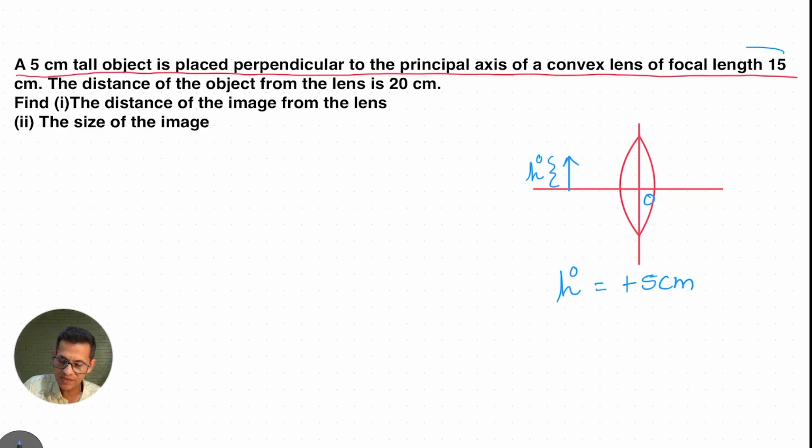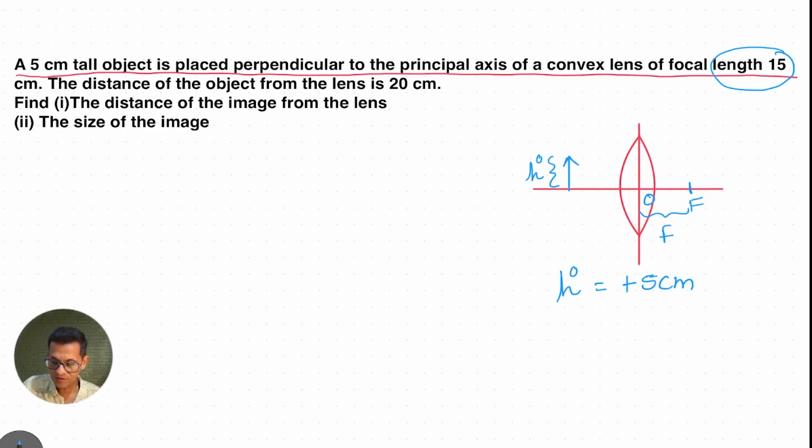Focal length is given as 15 centimeters in the problem. So we consider the focus on the other side of the lens, because the object is placed on the left hand side. This distance between the optical center and the focus is called the focal length, given by small f.